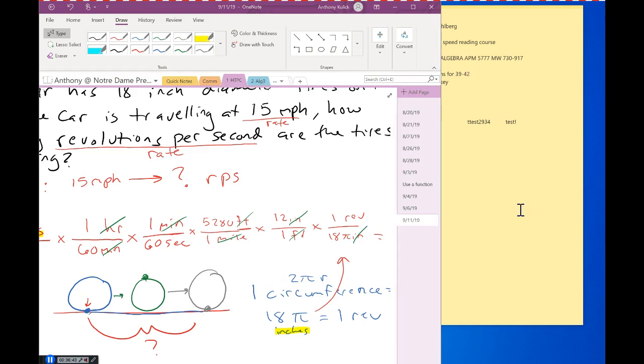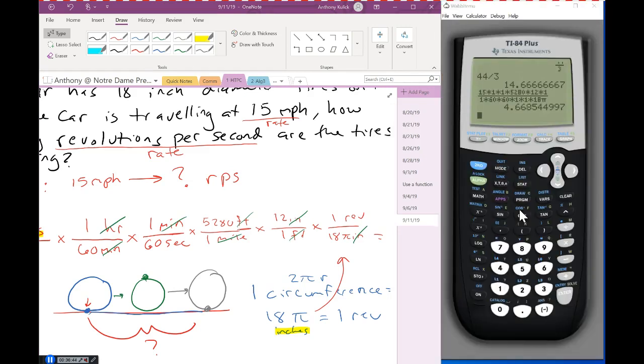That's okay. To type this into my calculator, I'm going to type it in as one gigantic fraction, typing the numerator together. So 15 times 1 times 1, you don't really have to type the ones in, times 5,280 times 12 times 1.